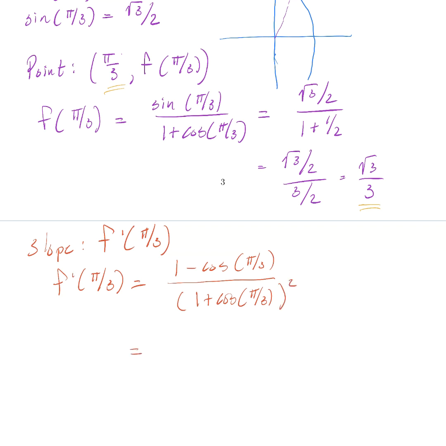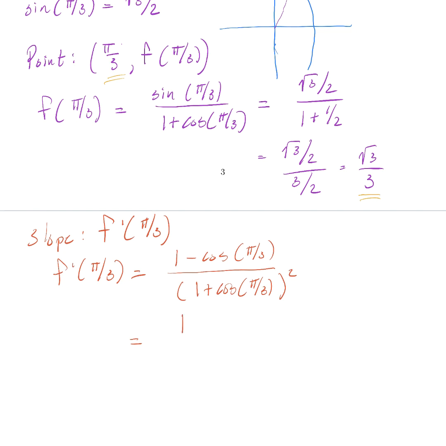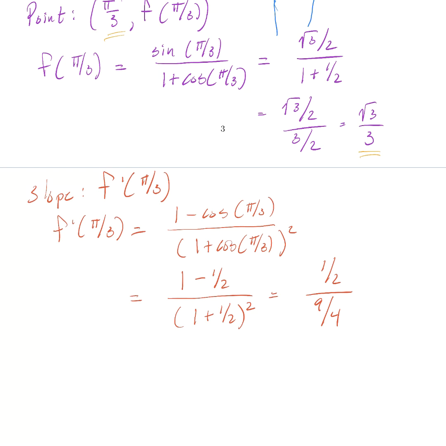So cosine of pi over 3 we decided was 1/2. So that's 1 minus 1/2 divided by 1 plus 1/2 squared. So what's that? 1/2 divided by 3/2 squared. 3/2 squared is 9 over 4. And let's see, we multiply by 4 over 9, so we get 4 over 18 or 2 over 9. So that simplifies to 2/9. And so the slope of our tangent line is 2/9.